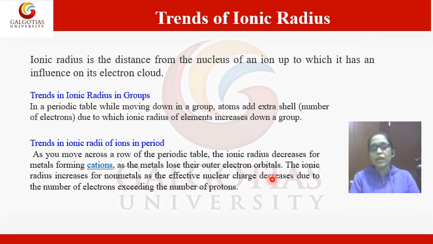In anions, new electrons are added to the outermost orbital. So the effective nuclear charge decreases, because the number of protons remains the same but the number of electrons increases. As the effective nuclear charge decreases, for non-metals or p block elements, the ionic radius increases.